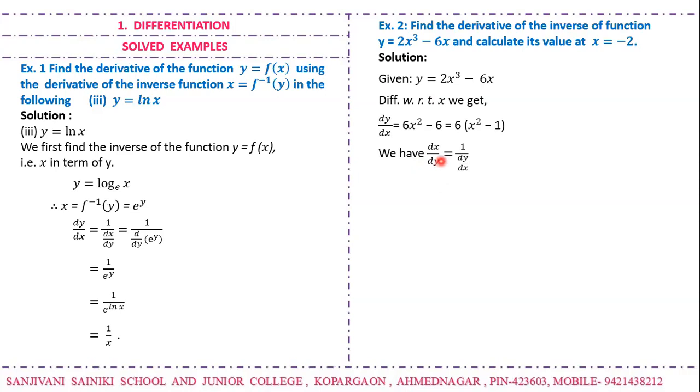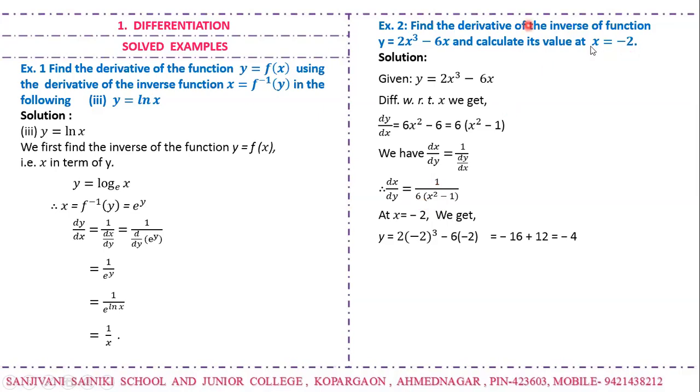So we have the derivative of the inverse function as dx by dy is equal to 1 upon dy by dx. So dx by dy is equal to 1 upon 6 times x square minus 1. Now we want the derivative at x is equal to minus 2.